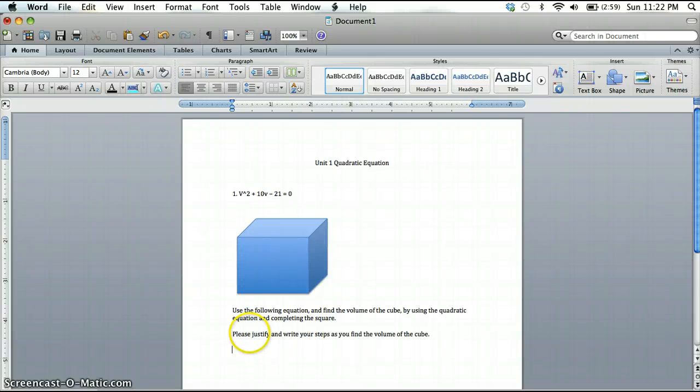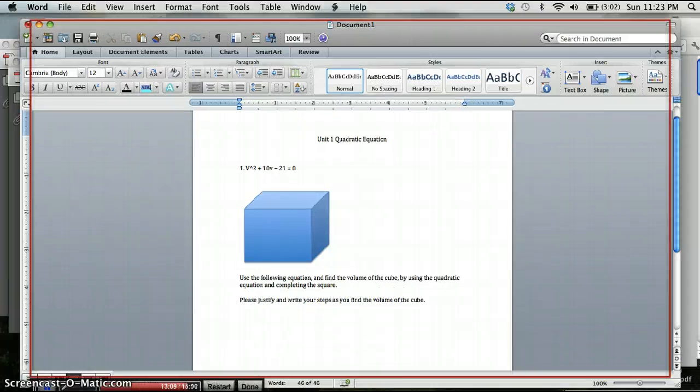The reason why I put please justify is because I want to make sure that students know that they're actually going to solve by completing the square, then they're going to find v and they're going to plug v back in and figure out length times width times height. So they're going to do v squared, they're going to find 10v, and they're going to have a negative 21, and they're actually going to multiply all three of those and find the volume of this cube. I want to make sure that students specifically know what they're doing.